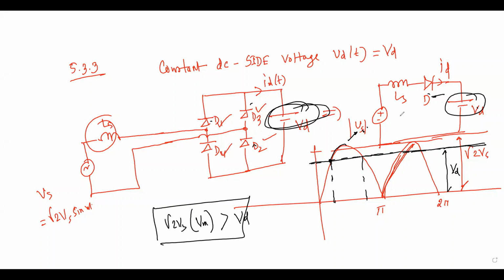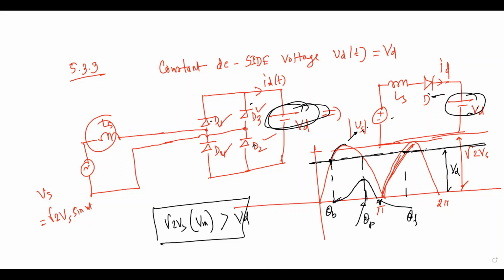So if Vs is greater than Vd, then only current will start flowing. The current will have a wave shape like this. The starting current will be at omega t equal to theta b, the peak value of the current will be at theta p, and the final value of the current will be at theta f.